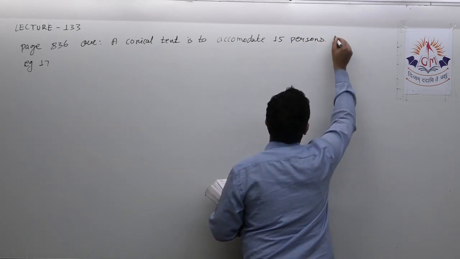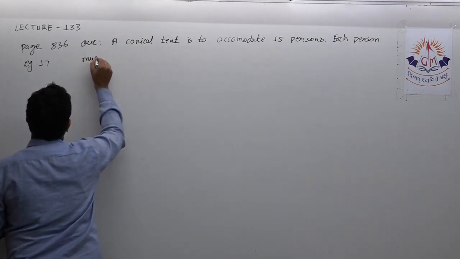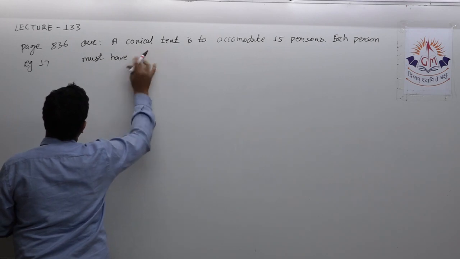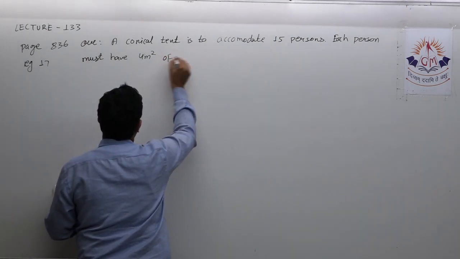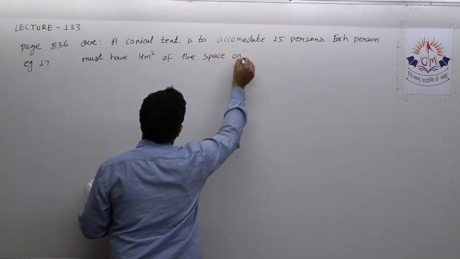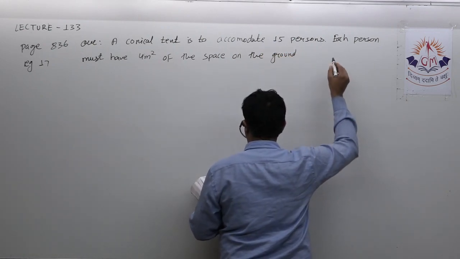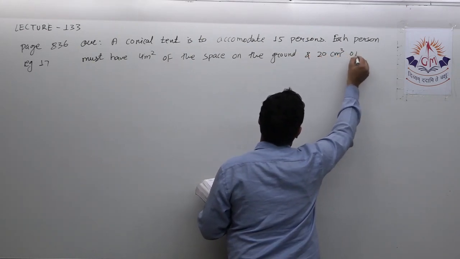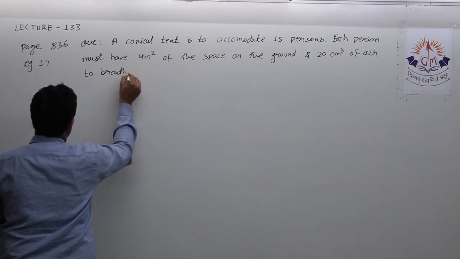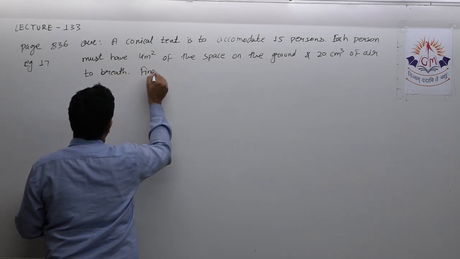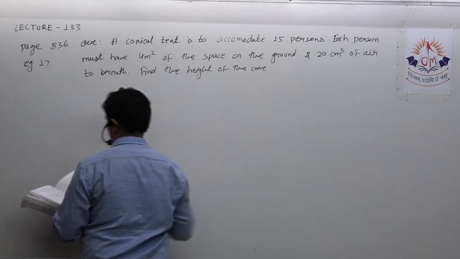Each person must have 4 meter square of space on the ground, and 20 centimeter cube of air to breathe. Find the height of the cone.